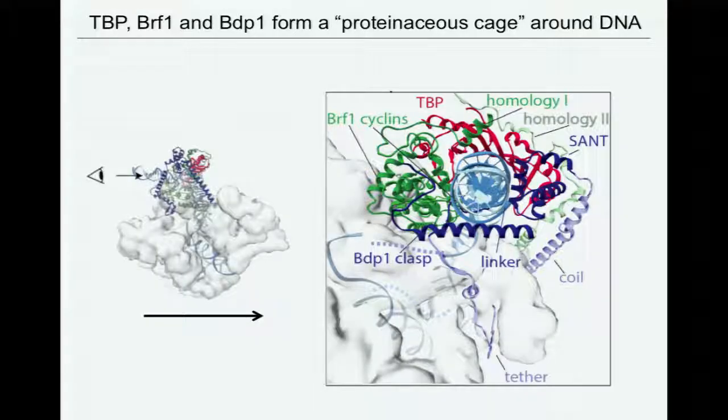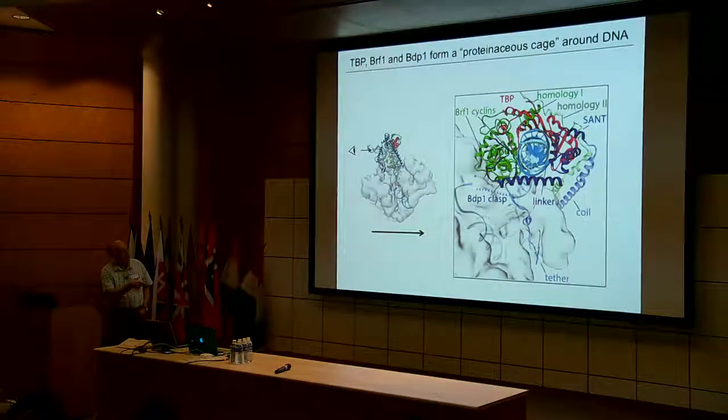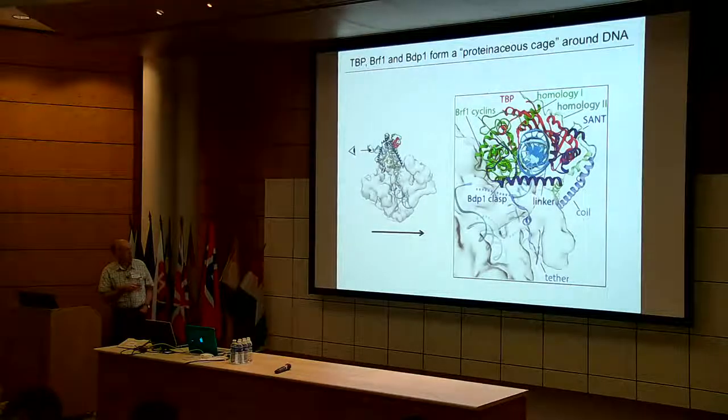Another aspect which is really surprising in this structure is how closely the DNA is interacting with TF3B. So again, these are the cyclin domains here. On one side, you have TBP on the top side, and BRF1 covers it from these 2 sides.